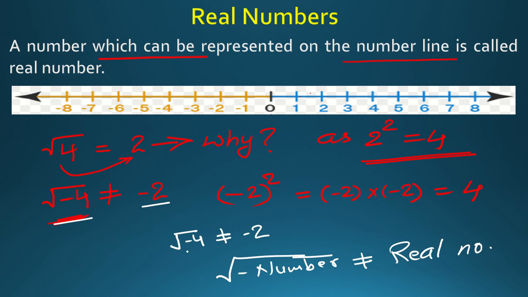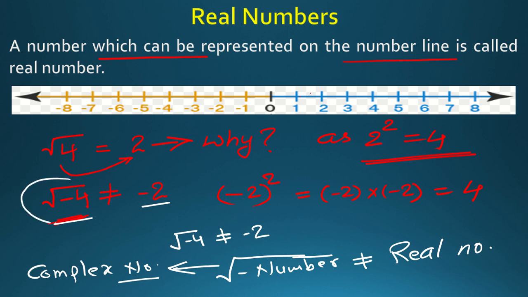In fact, you will study this in higher grades, especially in grade 11, where you will deal with complex numbers or imaginary numbers. So there are some numbers which cannot be represented on the number line, and you will have to be very careful with such numbers. What are those numbers? When you have a negative number inside the square root sign, those numbers cannot be represented on the number line.